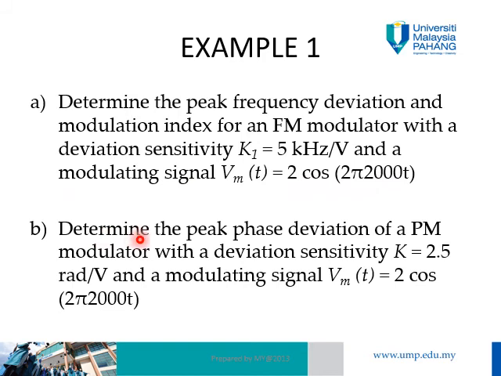Number 2, determine the peak phase deviation of a PM modulator with a deviation sensitivity k and modulating signal Vm equal to 2 cos 2 pi 2000t. Same, we can use the formula to solve this problem.